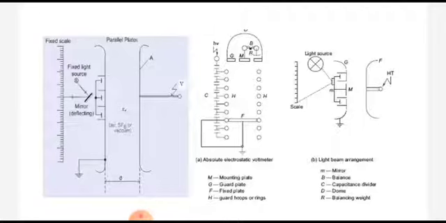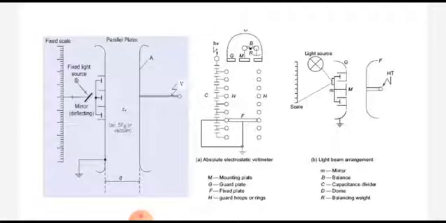So, it consists of parallel plane disc type electrodes separated by a small distance. Here you can see in the third figure, or you can see the first figure, you have the two parallel plates, and it will be filled with air or SF6 or vacuum.